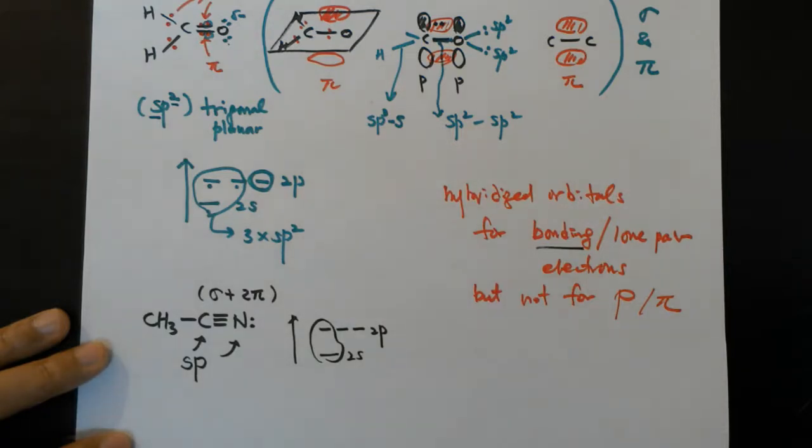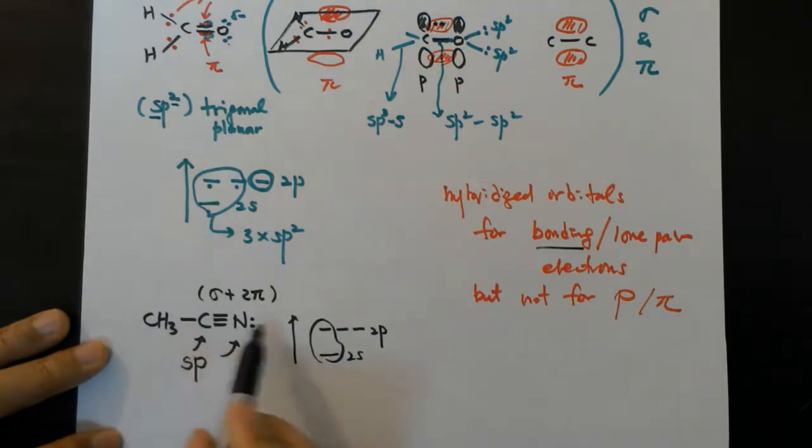So the shape has to be, with 6 electrons repelling this electron, linear, as well as here, carbon with 6 electrons repelling this electron, it should be linear.